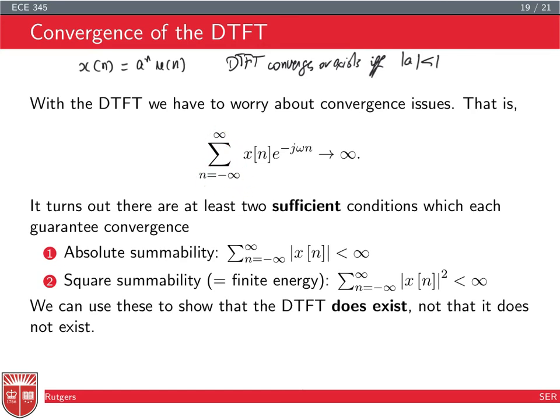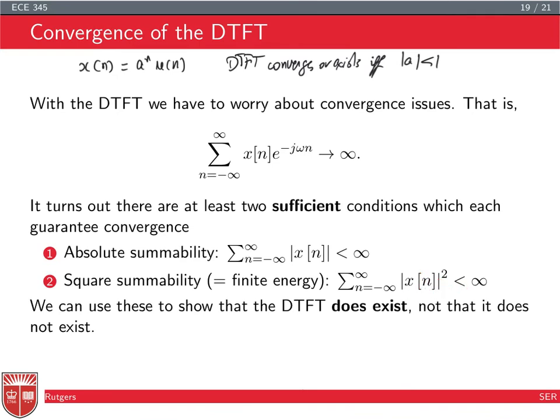Now, we have sufficient conditions for existence, but they're not necessary. The two sufficient conditions to guarantee convergence are either that the signal has to be absolutely summable, meaning the sum of the absolute value of x of n is finite, or square summability, meaning the signal has finite energy, meaning the sum over all n of the magnitude squared of x of n is bounded.